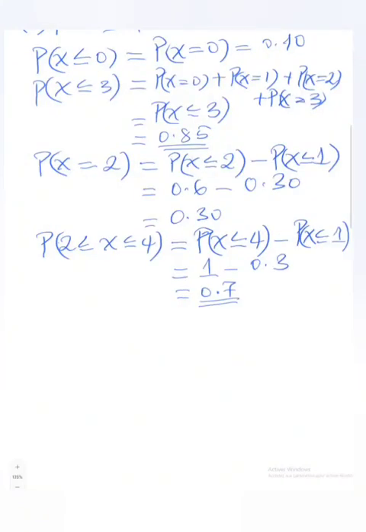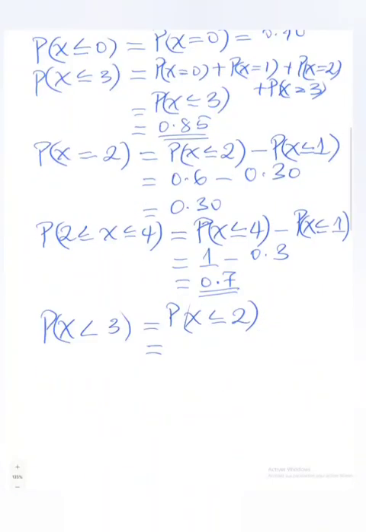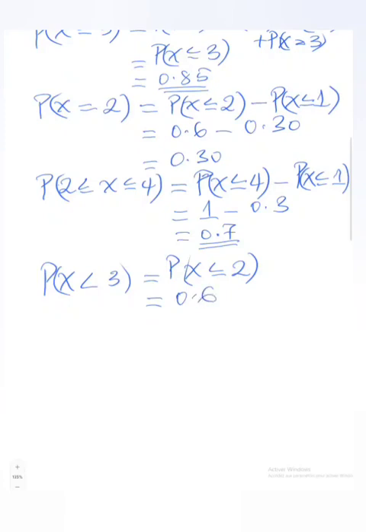Now, in the case where I had to find P of x less than 3, I would have P of x less than or equal to 2, because again I must include the equality sign so that the cumulative value of 2 can be used. And from the table, the cumulative value of 2 is 0.6. In the case where I had P of x greater than 3, I would have to put 1 minus P of x less than or equal to 3.